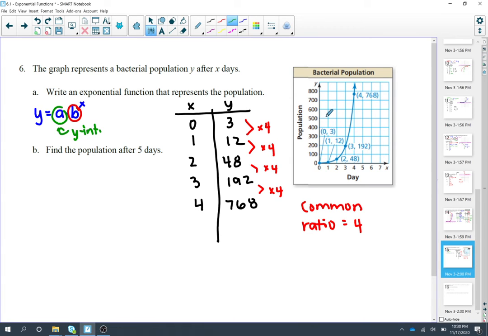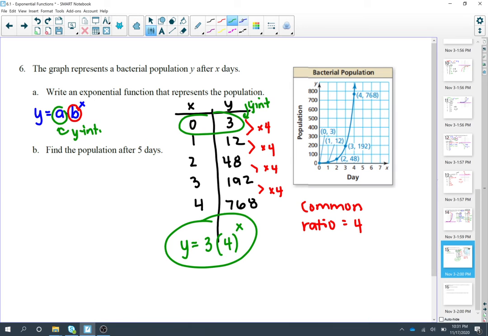So our equation is going to be y equals 3, because that's our y-intercept, times our common ratio of 4 to the power of x. Okay, so this is for part A.